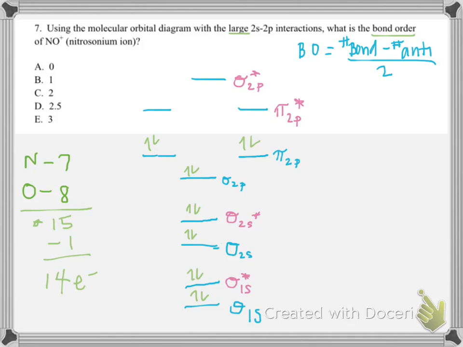So we're just going to count. In our bonding orbitals, we have 2, 4, 6, 8, 10. And in our non-bonding orbitals, we have 2, 4.